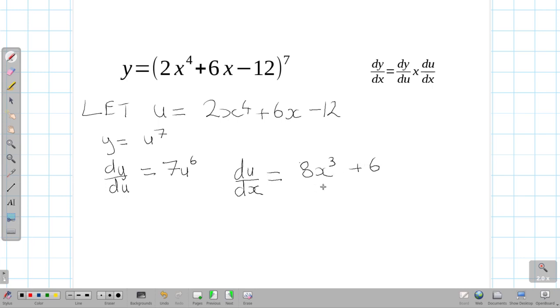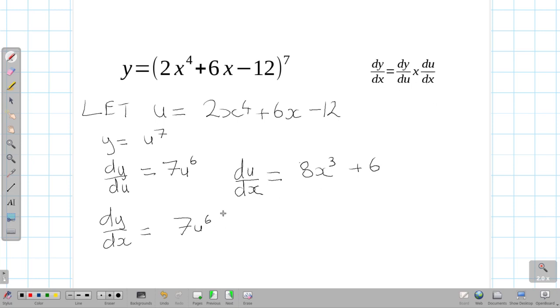Okay, so now we're going to bring these back together as per the formula. So that gives us dy over dx, which is where we were aiming. So we've got 7u to the 6, which all multiplies this.